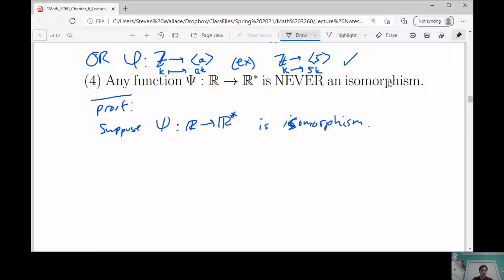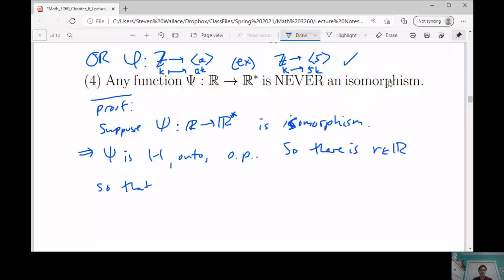Okay, then that means it is one-to-one and onto and operation preserving. Okay. Onto means there is an element R in the real numbers so that psi of R is -1.